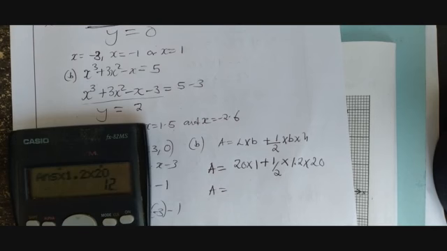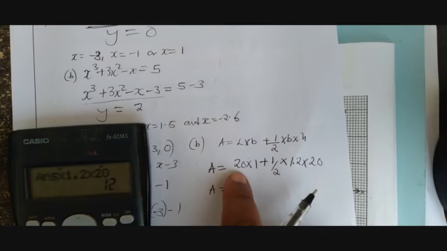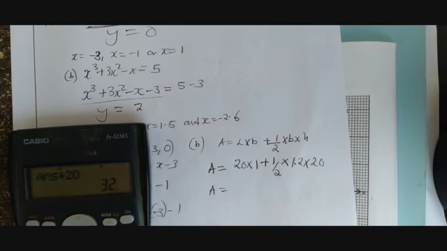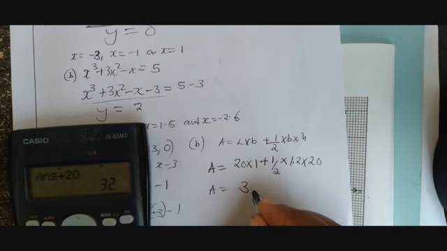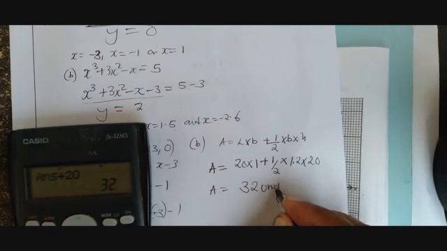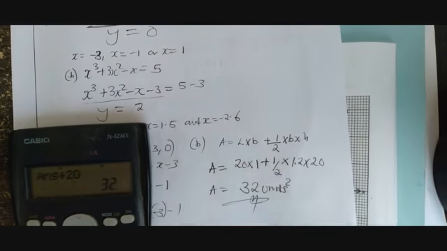What do you get? You get 12. Plus 20, because 20 by 1 is 20. You get your 32. So your answer is 32 square units. All right, and that is your answer.